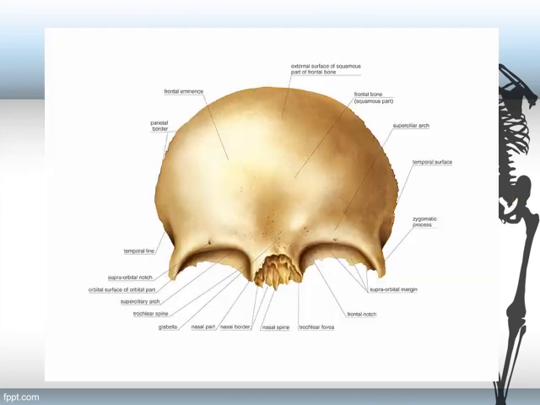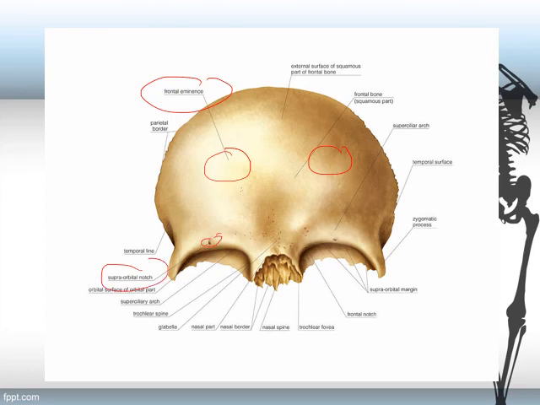So, as you can see here, we have the frontal eminence. So, we have here, another one is here. So, dalawa siya. If you can feel that sa inyong noo. Then, we have ito yung butas kanina, yung supraorbital notch. Ito siya.